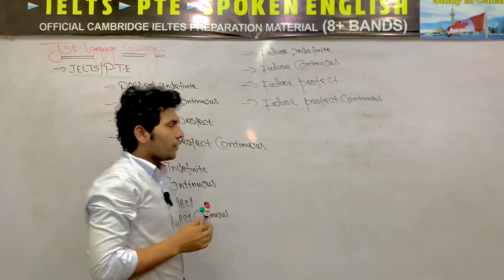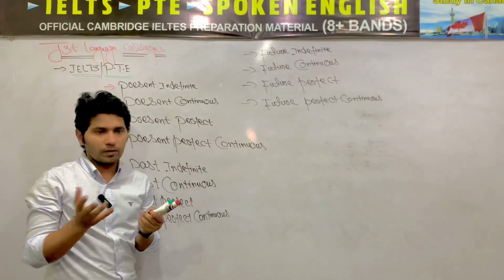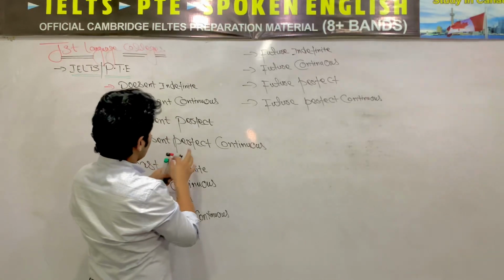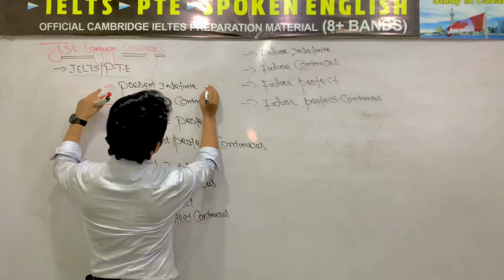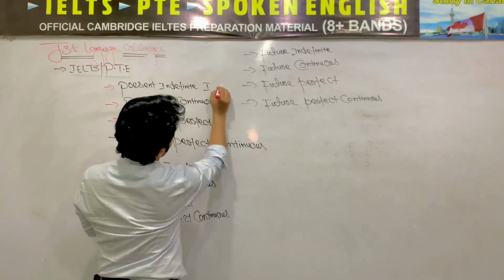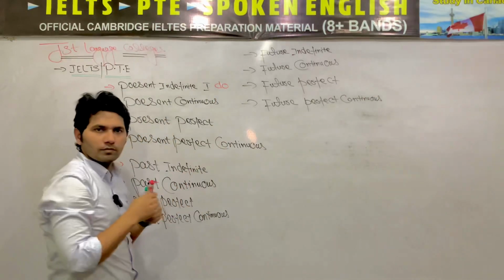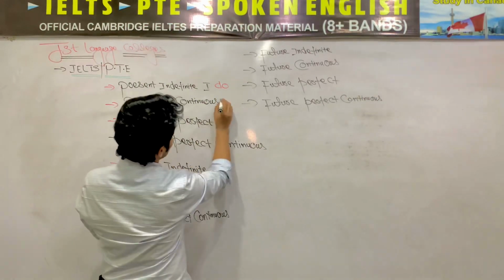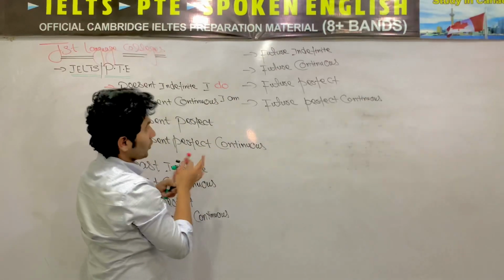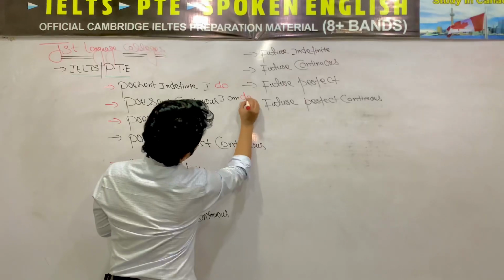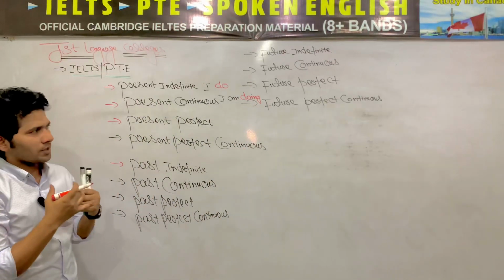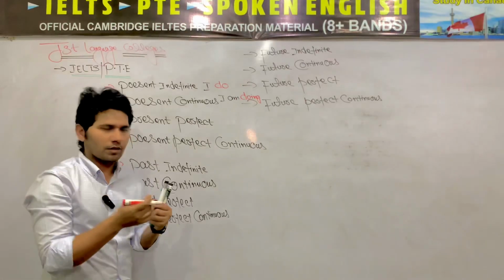Now we have to use different verbs. For example, if I use I do, that is present indefinite. In continuous we use I am doing. It gives us the confidence to use present continuous.